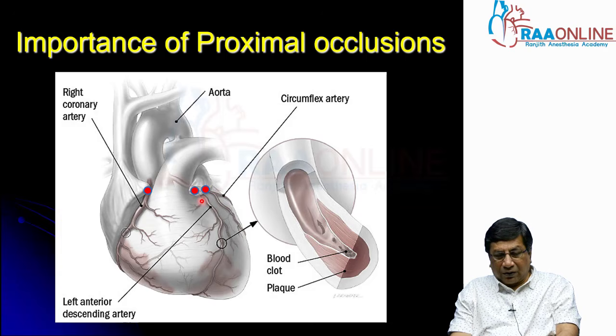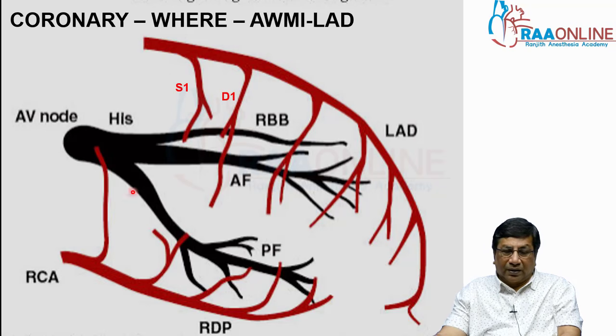Having seen which coronary is obstructed, I want to know where it is obstructed. As I told you, the proximal branches of the LAD supply the conduction system, the right coronary supplies the SA node and AV node, and the left anterior descending artery supplies your bundle branches and fascicles.